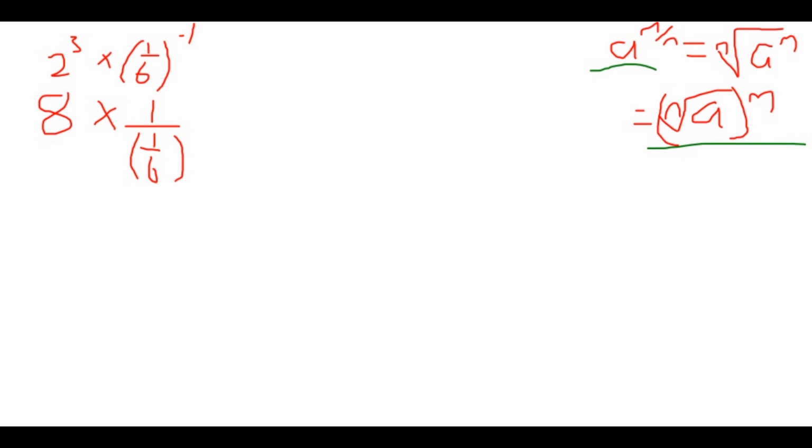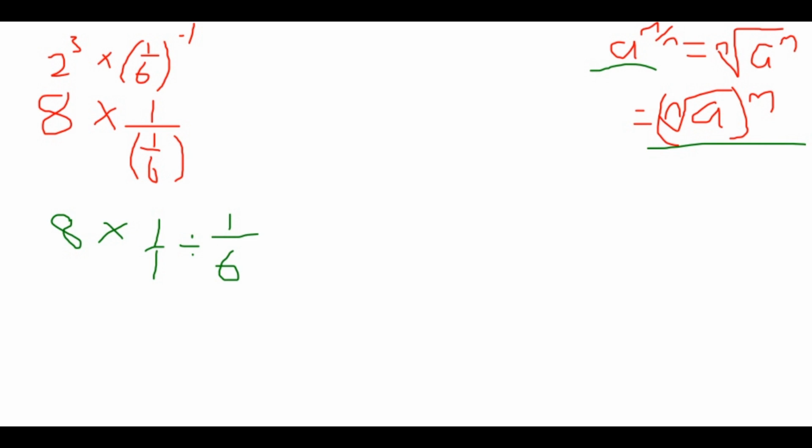Now we can choose to leave this 1 out of it. So what we are going to have here is 1 dividing a fraction. Now note, this fraction came on its own, and since we are going to have to simplify this, we are going to have 8 times 1. You can see this 1 at the top as 1 over 1, divided by the fraction at the bottom, which is 1/6.